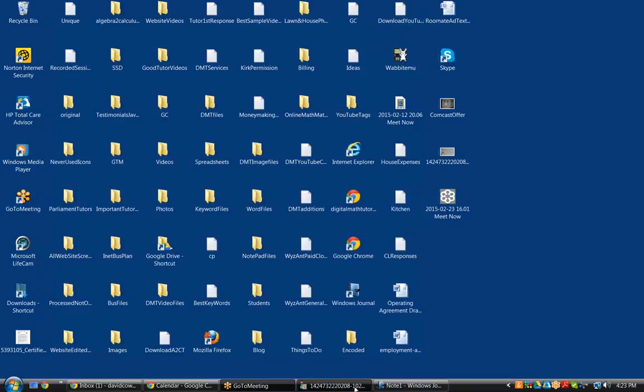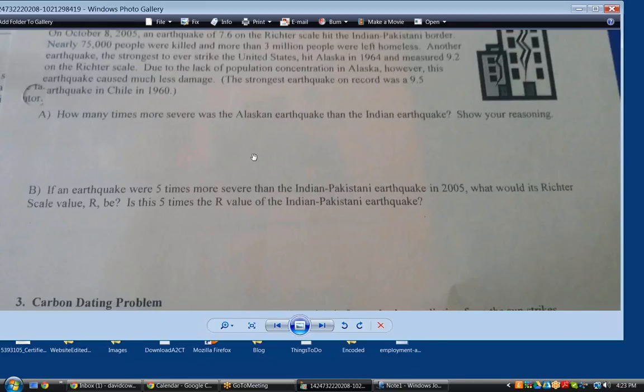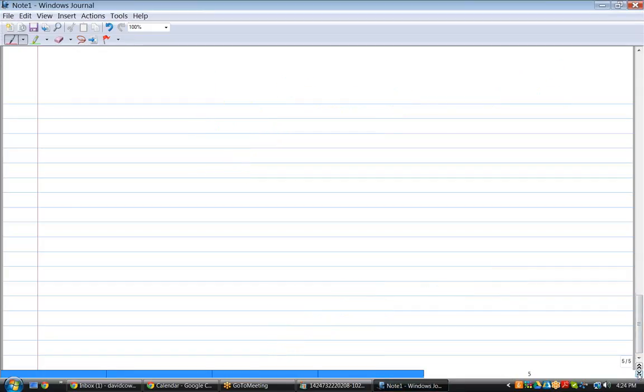Why don't you read the problem? So, carbon-14 is an isotope of carbon that is formed when radiation from the sun strikes ordinary carbon dioxide in the atmosphere. Plants, such as trees, contain small amounts of carbon-14 because these plants take in carbon dioxide from the atmosphere.